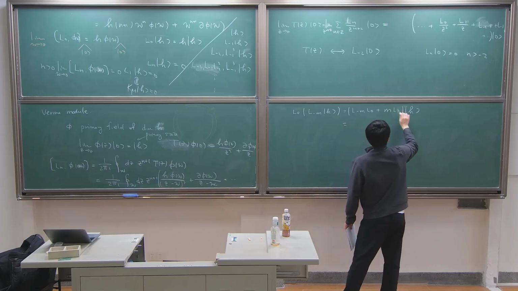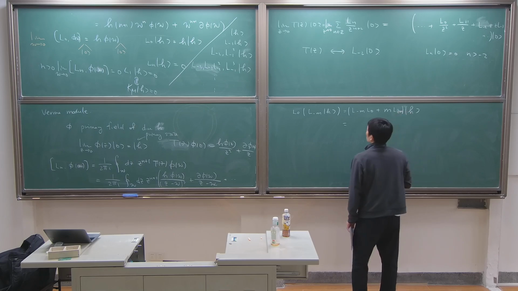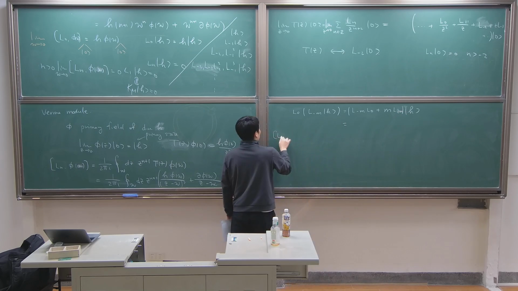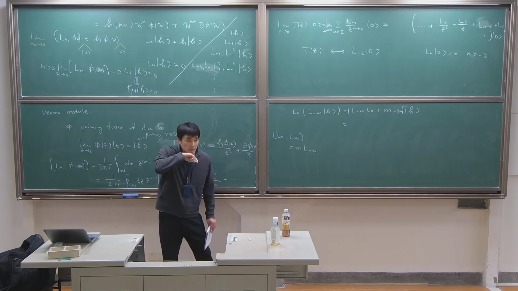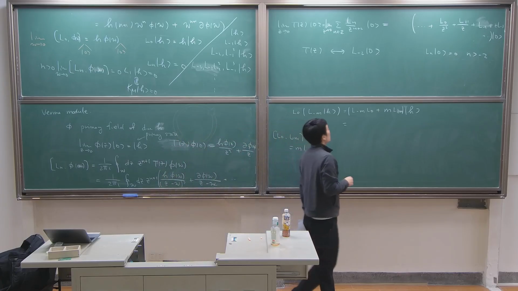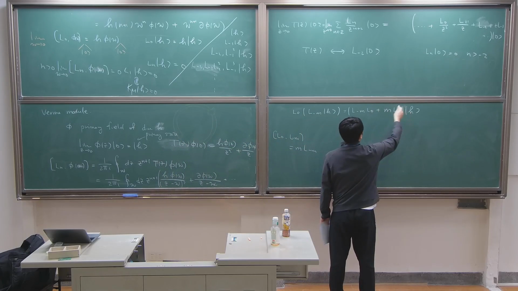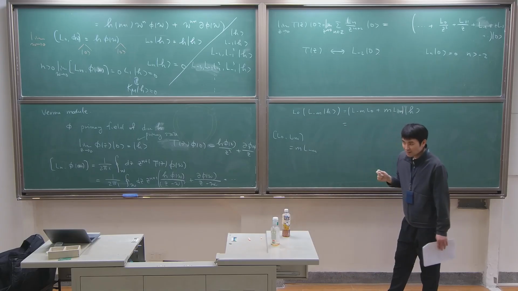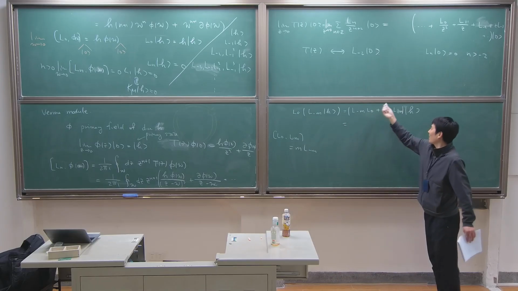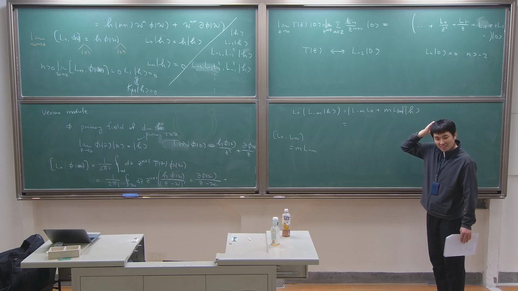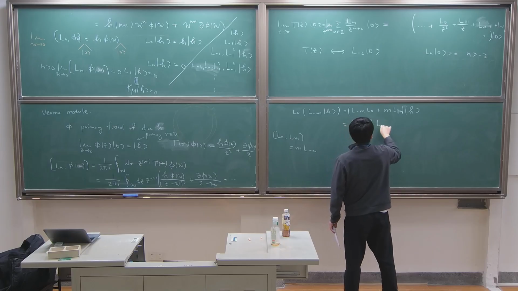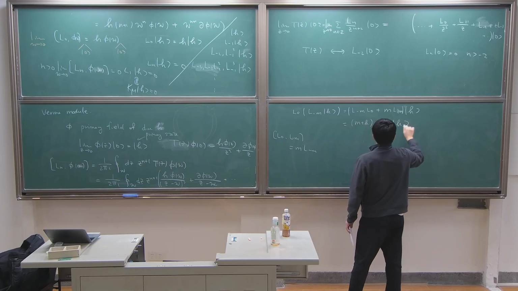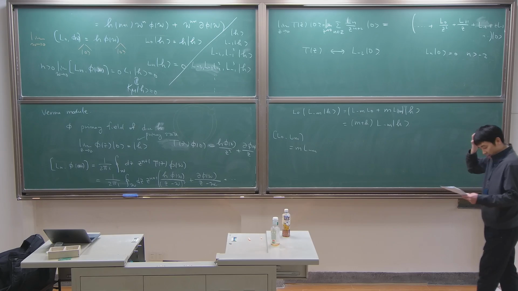Oh, sorry, this is minus m. So when I use the Virasoro commutation relation, it is equal to m times L minus m. Okay, is it okay? And then this means that L0 acting on h is what? h. So therefore this is m plus h times L minus m h. Yeah. That's how it interacts.